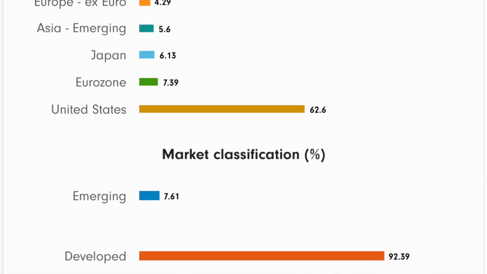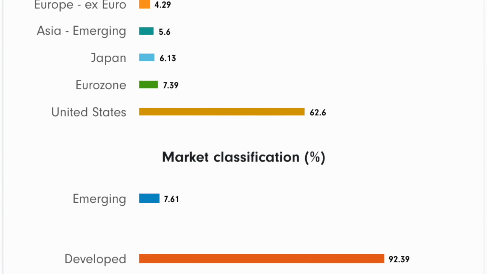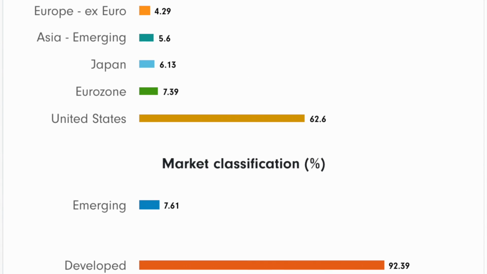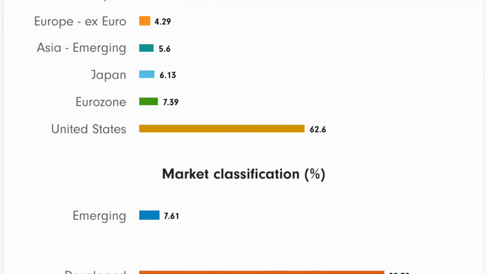So rather than investing in something like the S&P 500, which is focused simply on the US market, if you invest in a FTSE All-World, you're getting exposure to markets beyond the US. So at present, 62% of Vanguard's FTSE All-World is made up of US stocks.